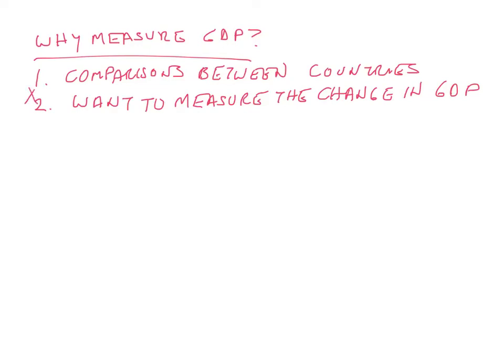We'll put a star here against that one. We want to know, is GDP going up? Is GDP going down? And if it is, by how much? Because we want to know if the economy is expanding or contracting, and how fast is it expanding or contracting?